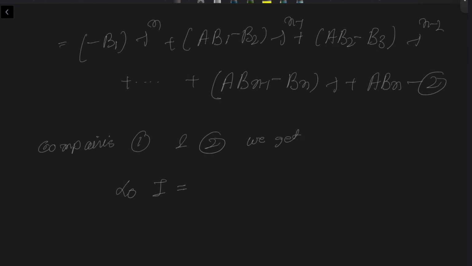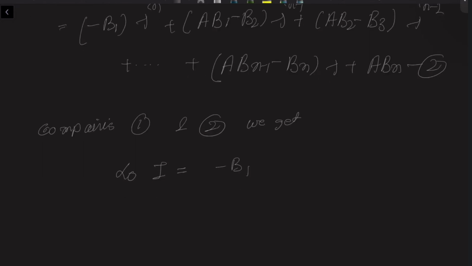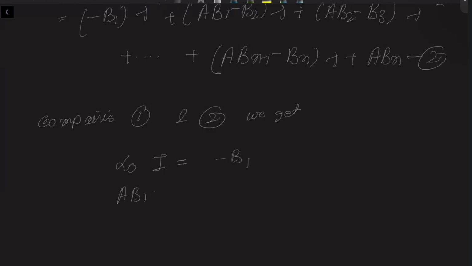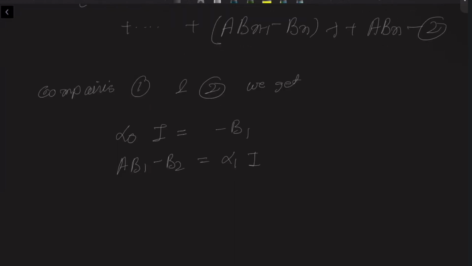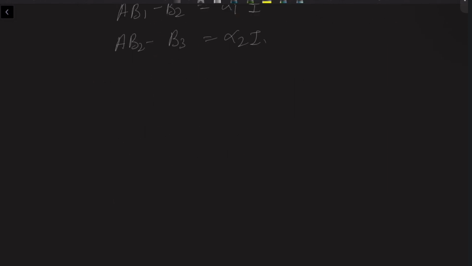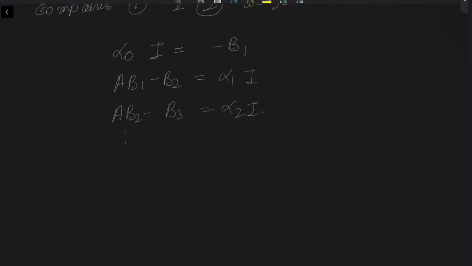I get alpha naught I equals minus B1, AB1 minus B2 equals alpha 1 I, AB2 minus B3 I got as alpha 2 I, and similarly we get A times B(n-1) minus Bn equals alpha (n-1) I, and ABn equals alpha n I.